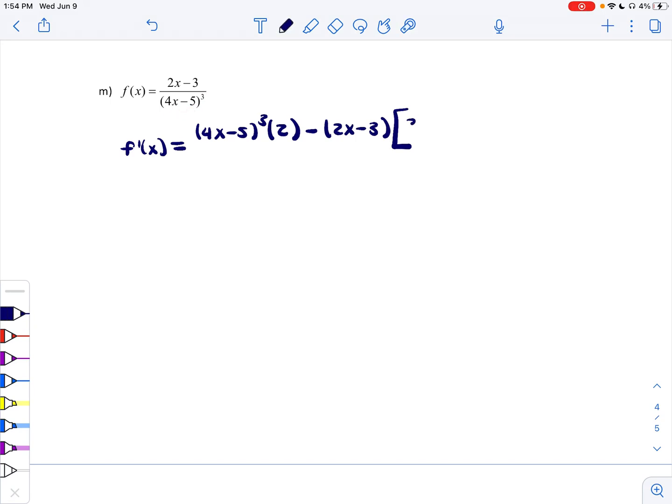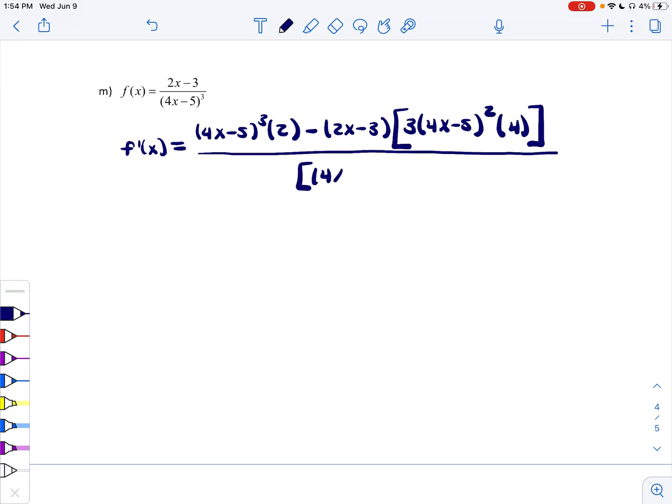So start with the power rule, bring your 3 down, subtract 1 from your exponent, and then chain rule, so multiply by the derivative of 4x minus 5, which is just 4. Okay, all right, and then that whole thing is going to be over the whole denominator squared. Okay.